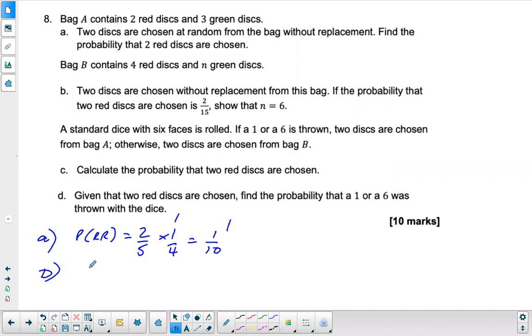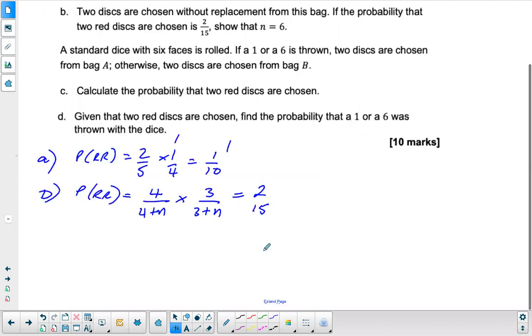Part B, which is also the probability of red, but it's the other bag. We only know there are n green discs. So the probability of getting a red disc is 4 out of 4 plus n, multiplied by 3 out of 3 plus n, and we know that's equal to 2 out of 15. So again, we need to find a method to solve this.